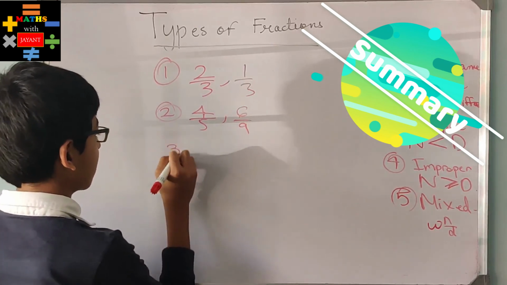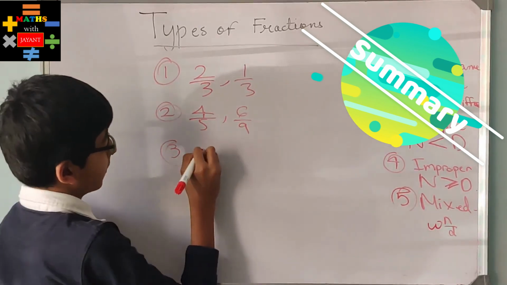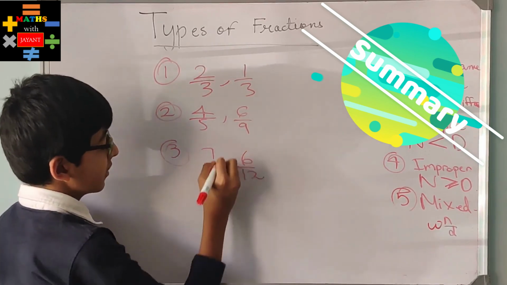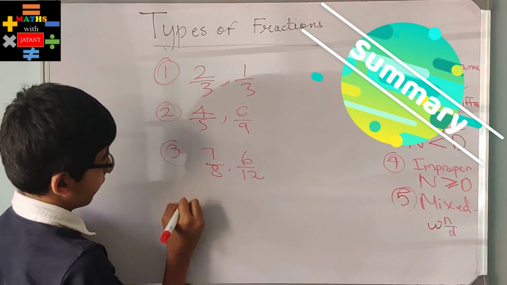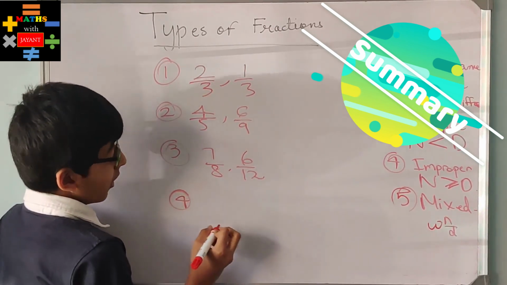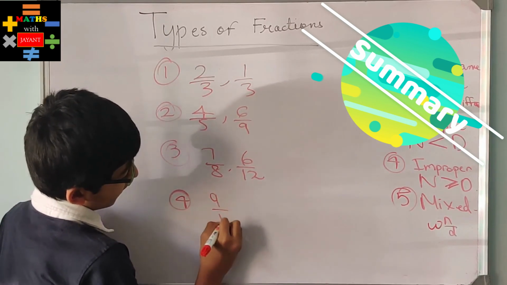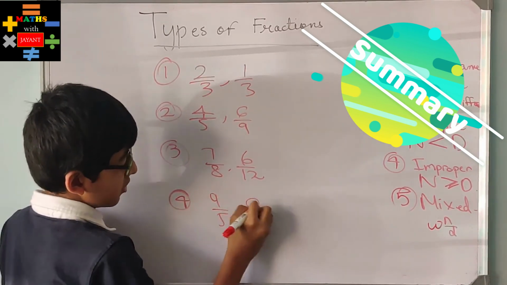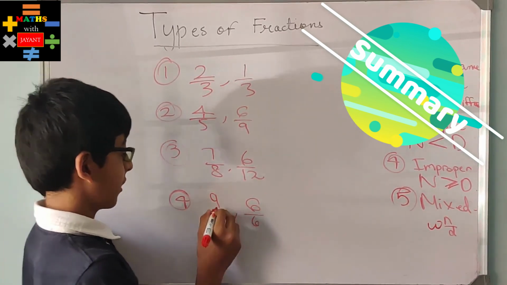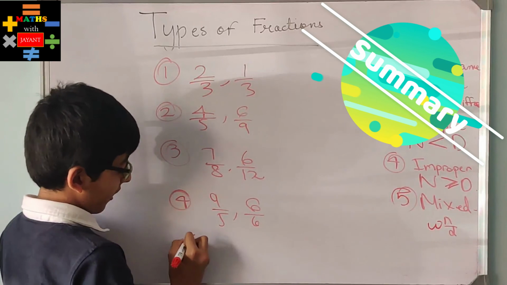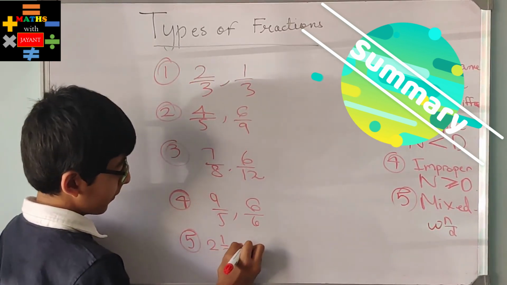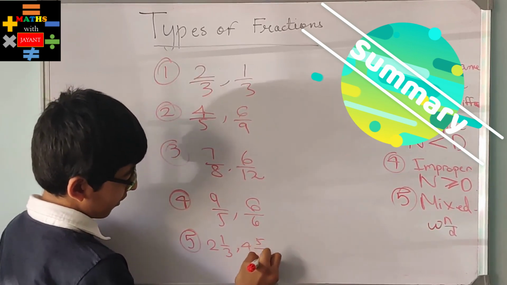Then we have proper fractions, where the numerator is lesser than the denominator, like 7 by 8 and 6 by 12. The fourth is improper, where the numerator is either greater than or equal to the denominator, like 9 by 5 or 6 by 6. And then we learned about mixed fractions, where there is a whole number and a fraction, like 2 1 by 3 or 4 5 by 6.